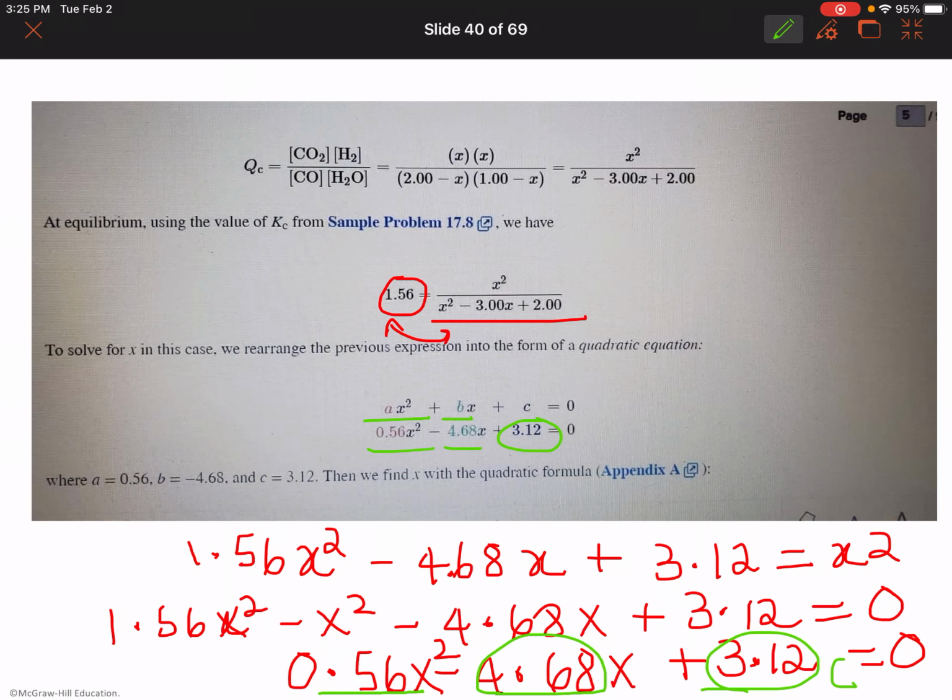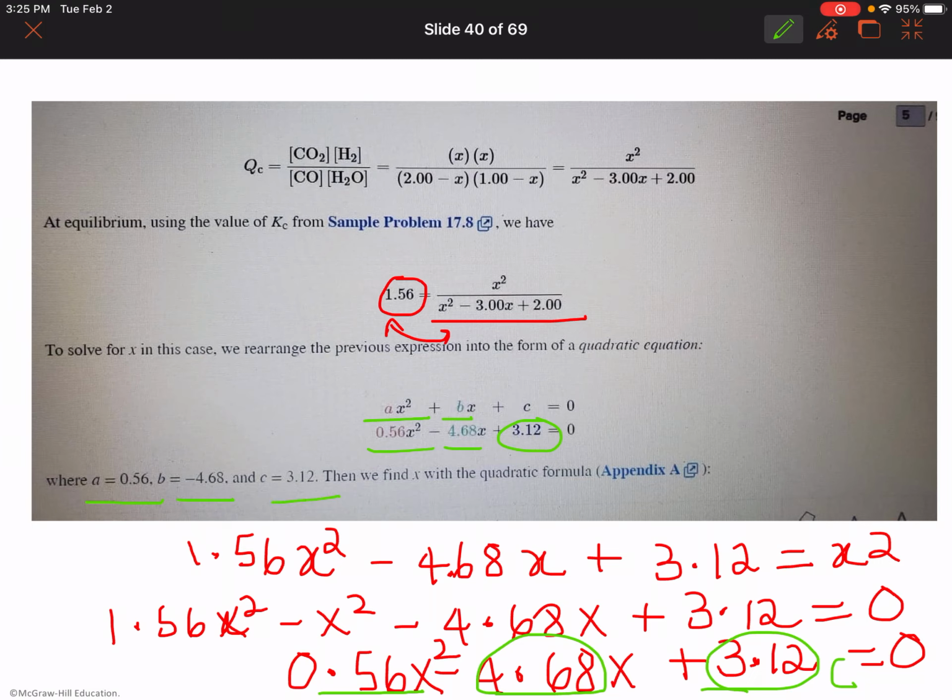So now we have this in the form of a quadratic equation: ax squared plus bx plus c equals 0. In our case, a is 0.56, b is negative 4.68, c is 3.12.